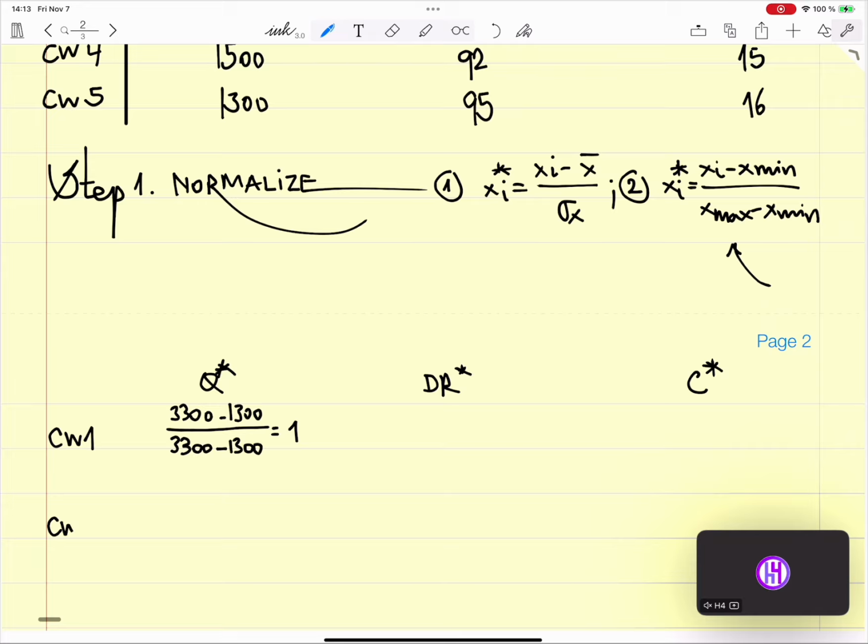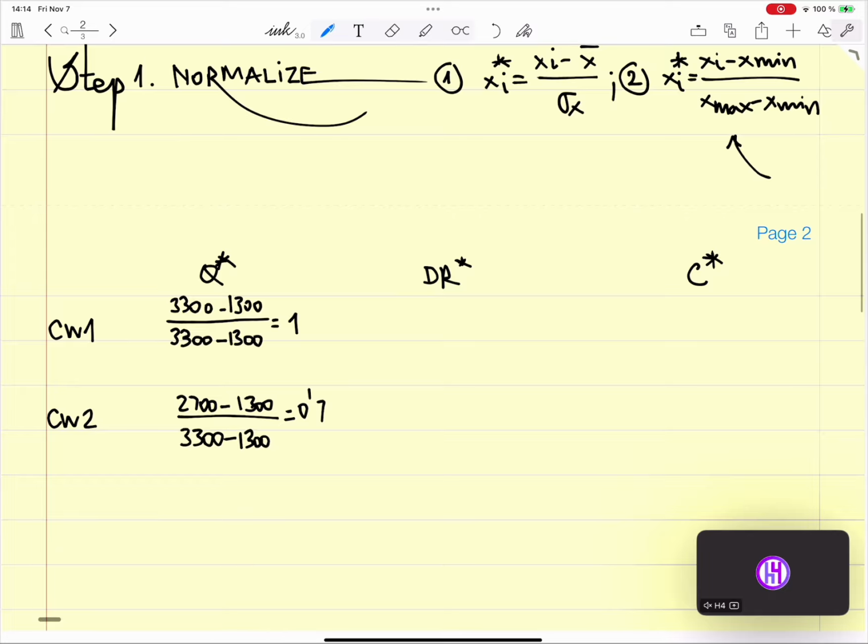Okay, for calendar week 2, same thing. We take the value, 2,700, minus the minimum value divided by the maximum value minus the minimum value. This delivers 0.7. For calendar week 3, it is 1,800 minus the minimum value divided by 3,300 minus the minimum value, and this delivers 0.25.